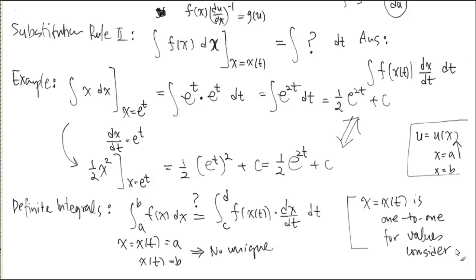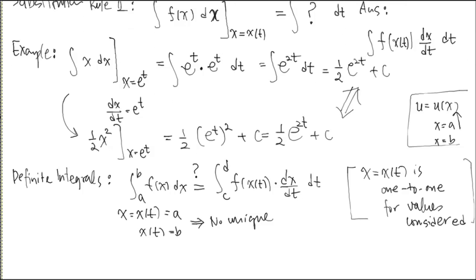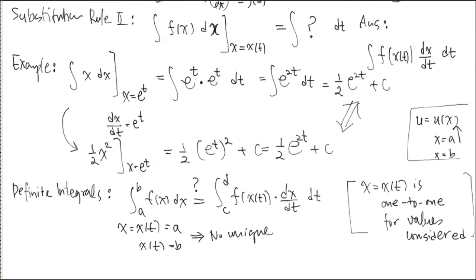Is y equals x squared a one-to-one function? X squared doesn't pass the horizontal line test. It's not a one-to-one function. But if you're just looking at between 1 and 5, then it's one-to-one. The graph passes the horizontal line test. Overall, it's not. But just for the part that we are playing with, where we're considering the integral, if it's one-to-one just over that range, then it's good.